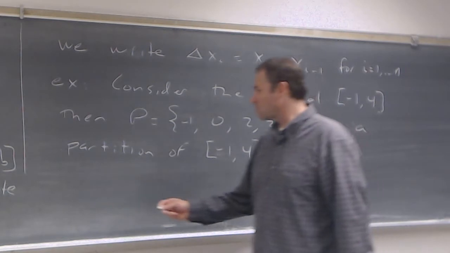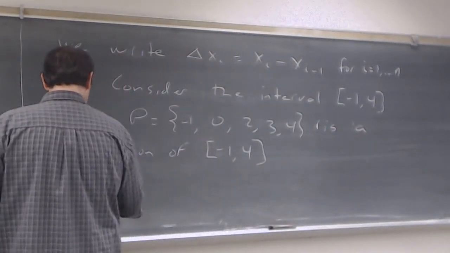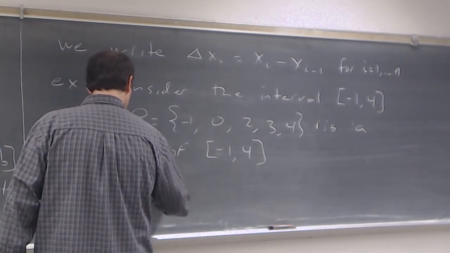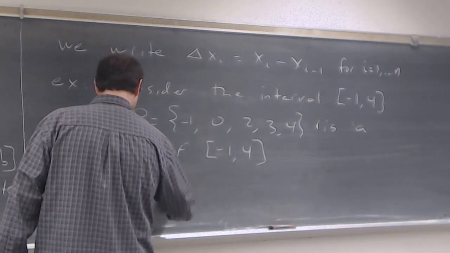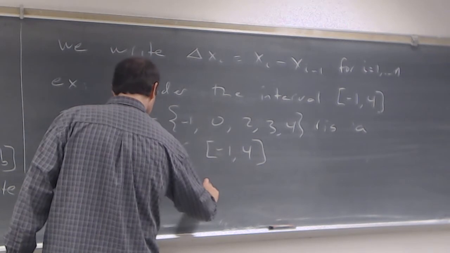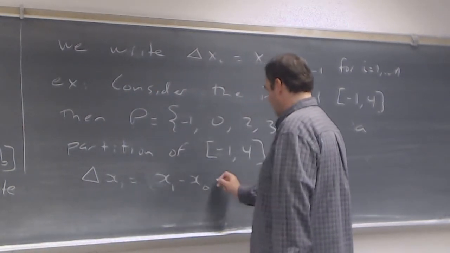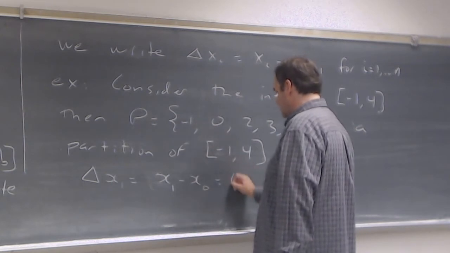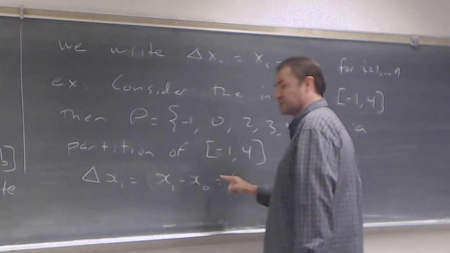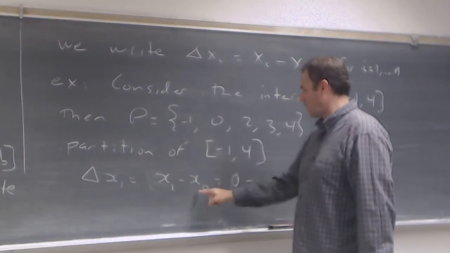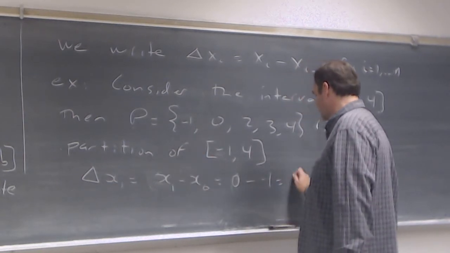And then also, if you wanted, you could say delta x_1, what that would be equal to is x_1 minus x_0. x_1 is 0, minus x_0 which is minus 1, so that's equal to 1.